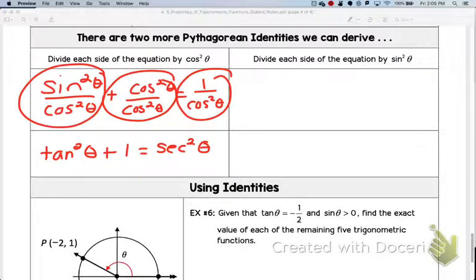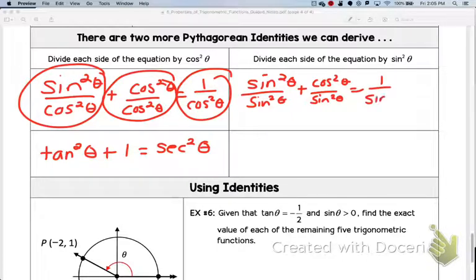We can do the same thing and divide everything by sine squared theta. So sine squared theta divided by sine squared theta plus cosine squared theta divided by sine squared theta is equal to 1 over sine squared theta. That gets me 1 plus, this is cotangent, right?